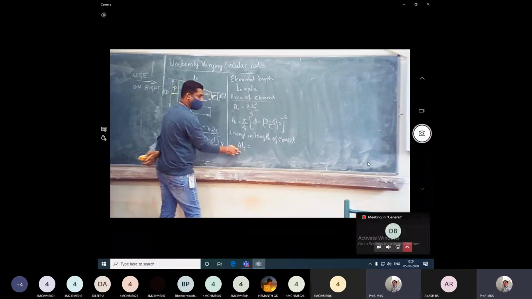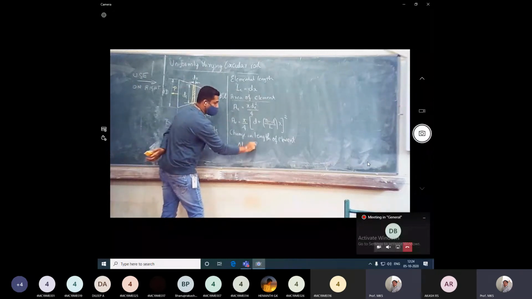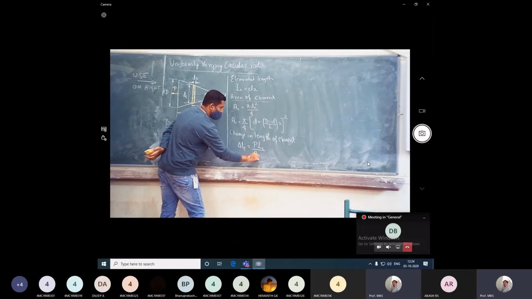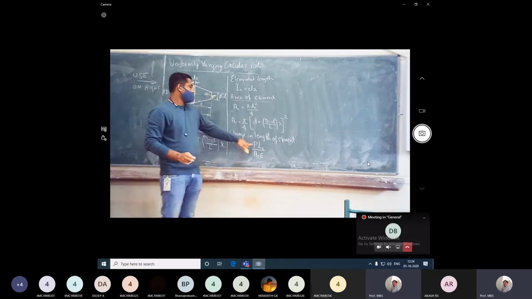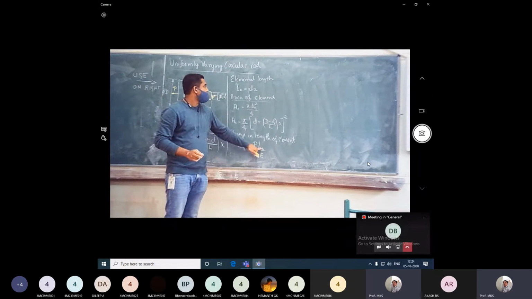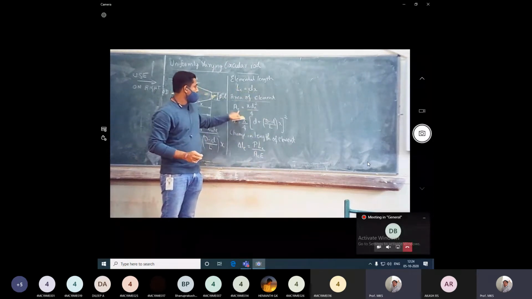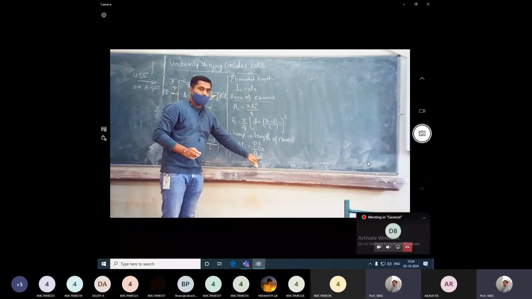You know the general expression: delta L is given by PL by AE, so it is P LE by AE into E. P is the force applied, LE is the length of the element, which is equal to dx, AE is the area of the element, and E is the modulus of the material.